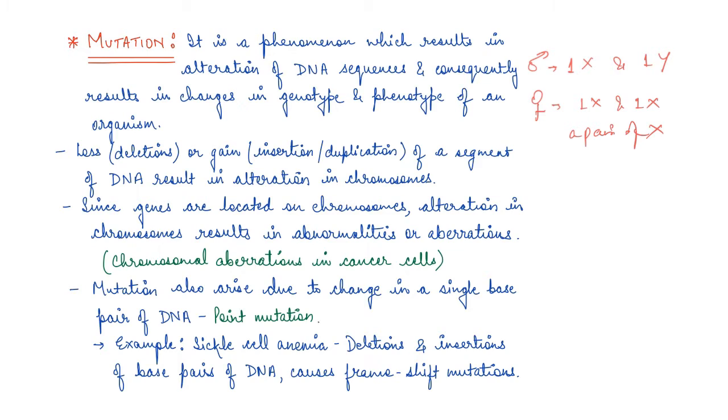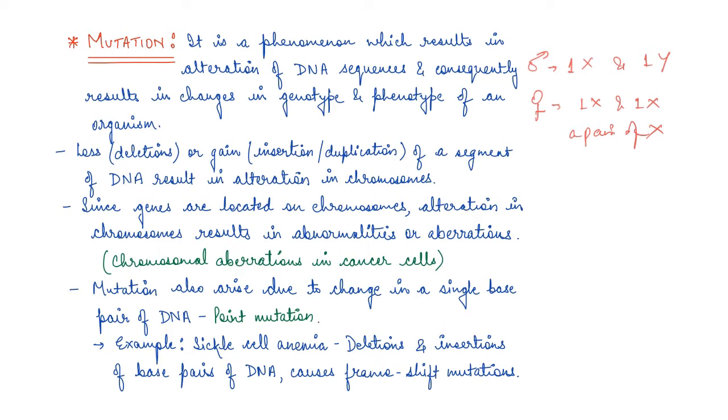So there can be alterations in terms of loss of some genes, or addition of genes in the form of insertion or duplication. Now, since genes are located on chromosomes, alteration in these chromosomes results in abnormalities or aberrations.